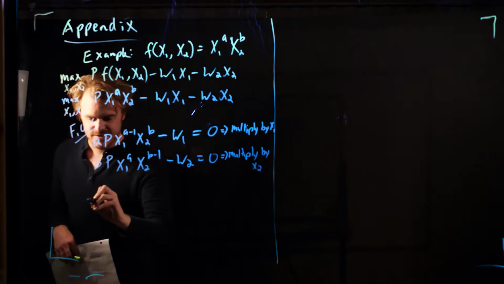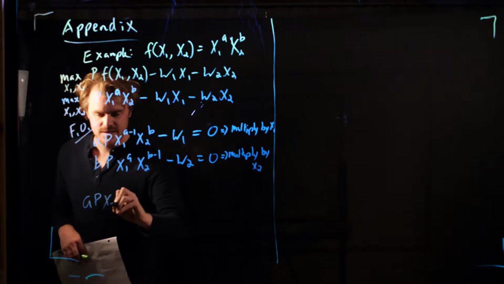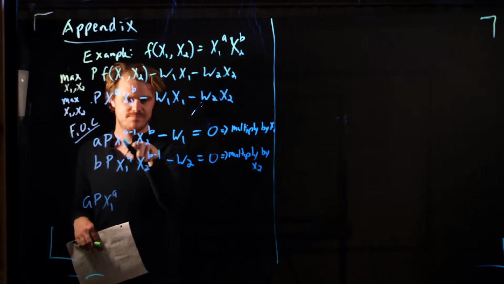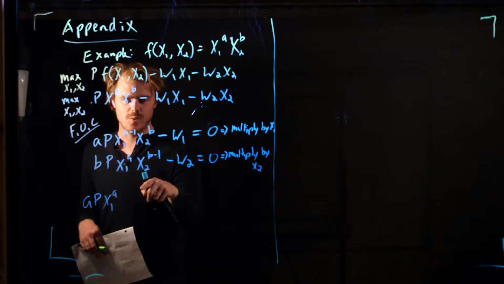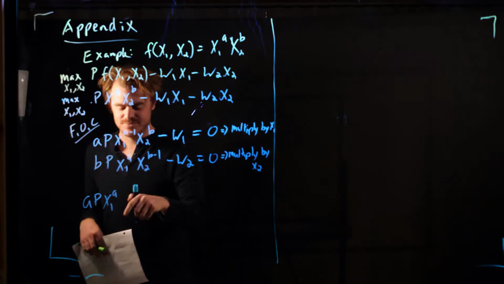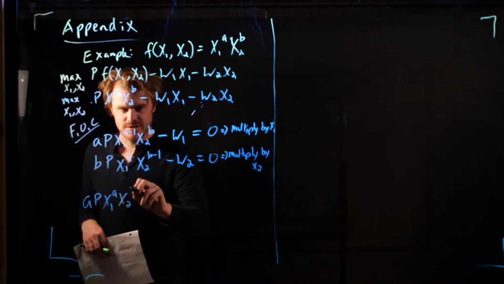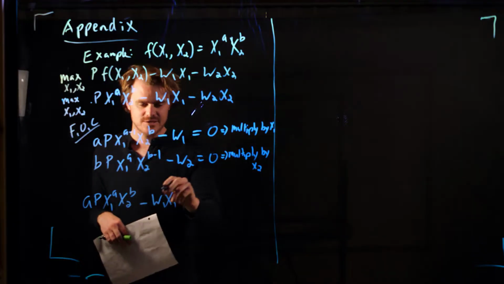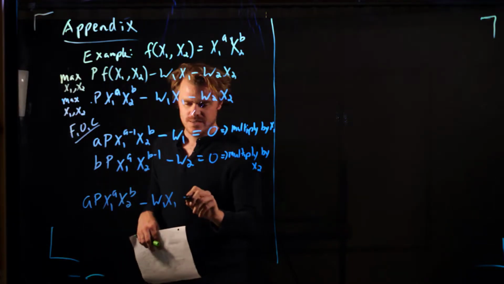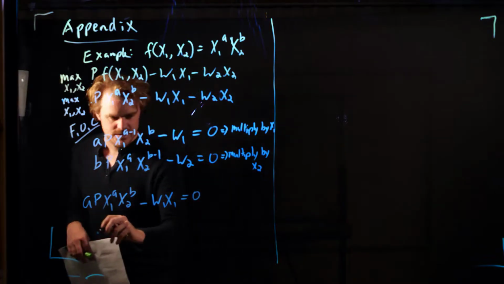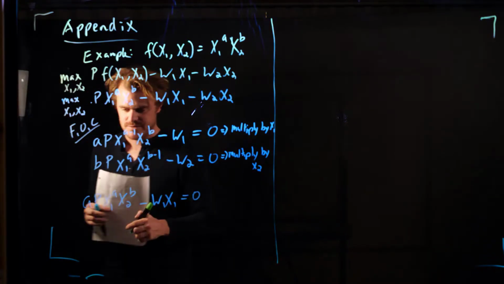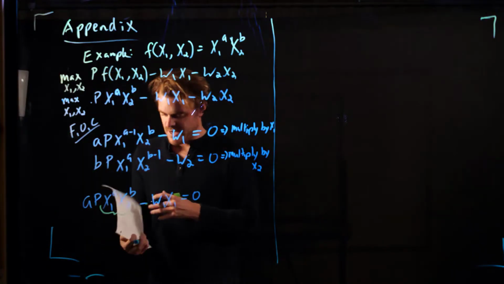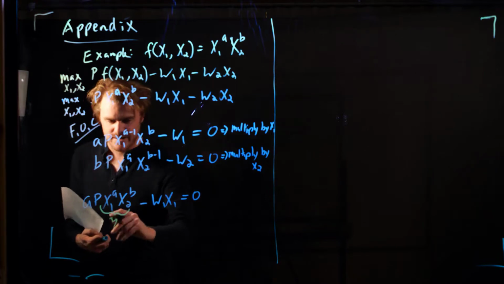Then we get a p, x1 to the a, x2 to the b minus w1 x1 equals 0. When multiplying by x, the minus 1 goes away, because we add an exponent, and we still have to multiply the second term by x1 as well. And this is just the production function, this is just y.